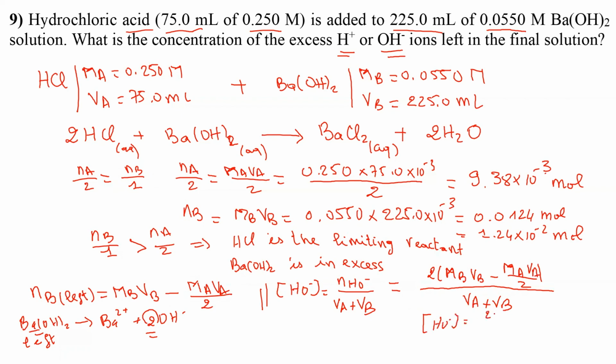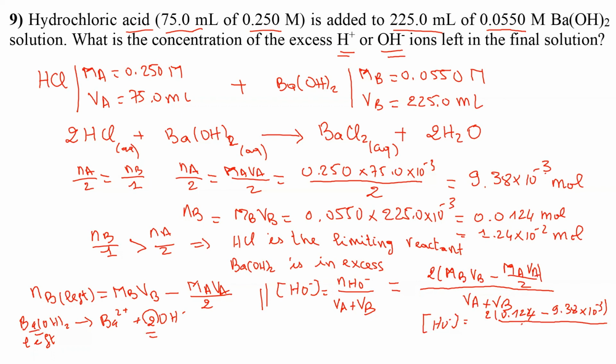So 2 times MB VB, we calculated 0.124, minus MA VA over 2 is 9.38 10 to the power minus 3, divided by the total volume here, which is equal to, so the 10 to the power minus 3 will be here.